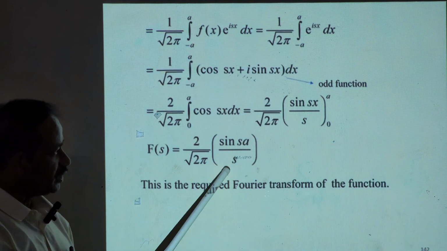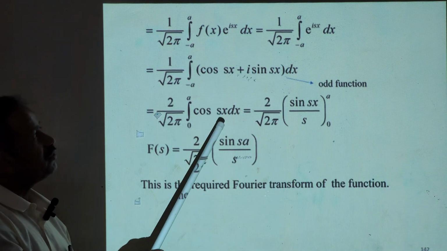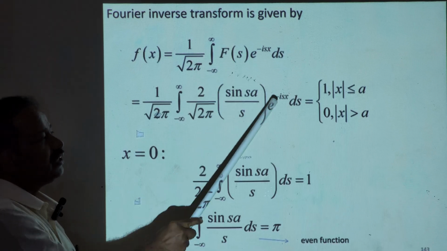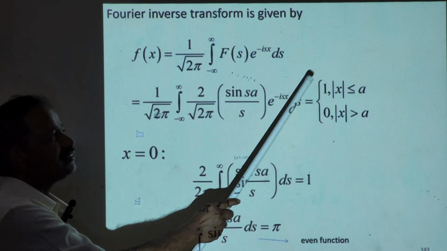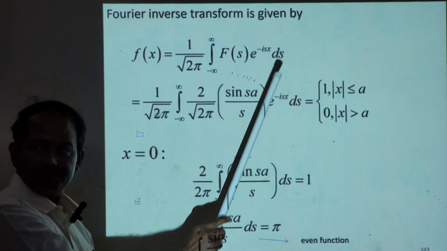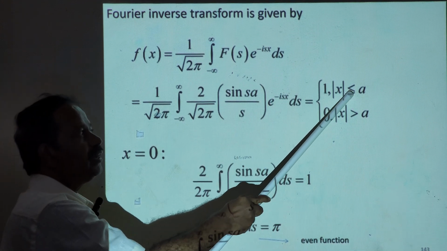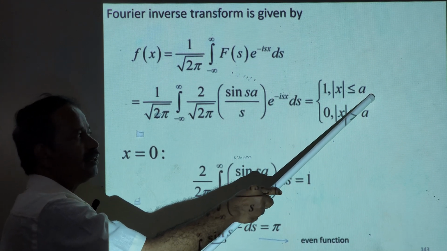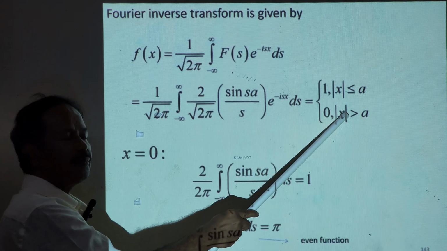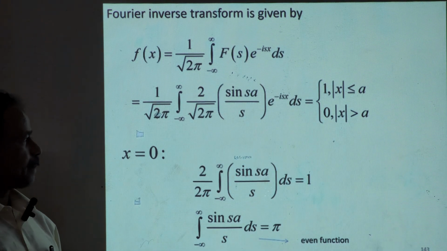We have already found f of s. Substitute it here, with e power isx as it is, and the limits: 1 for mod x less than or equal to a, and 0 for mod x greater than a.